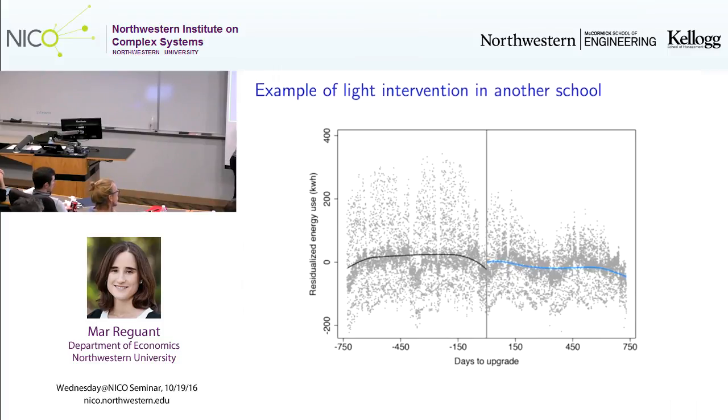So for now, I will be showing the average intervention, what the percent reduction was from the average intervention, but of course that can be quite misleading because there's huge heterogeneity. At the end of the talk, I'll talk about the intervention per kilowatt hour expected savings. So it's a way to scale up and down the size of the interventions.